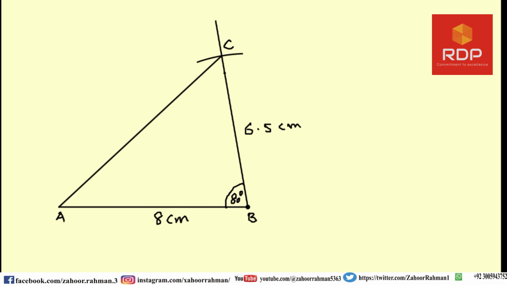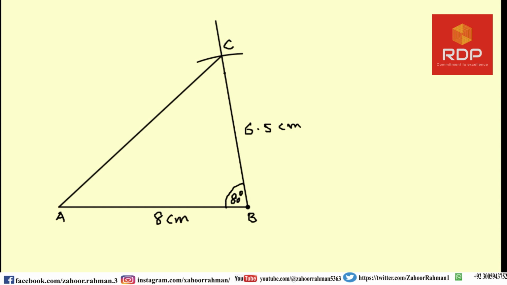Now you have to draw it with the ruler, because in this digital production I have access to digital media, so I am drawing a straight line. You have to draw it with the ruler. Now the next job is that we have to measure.